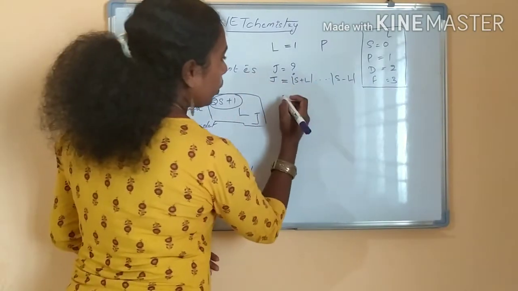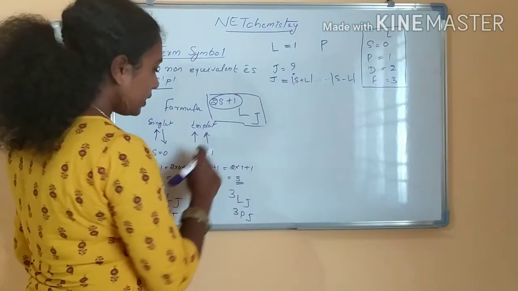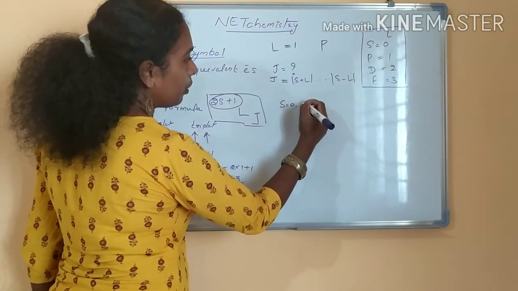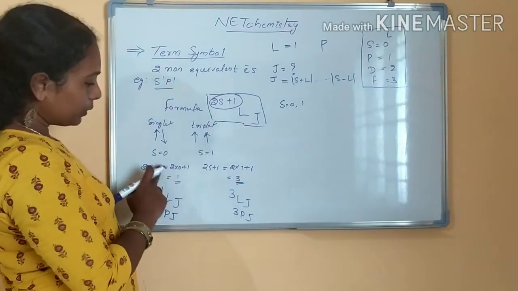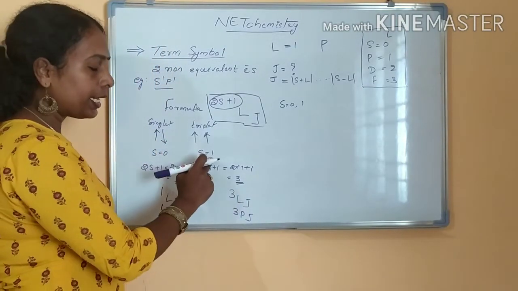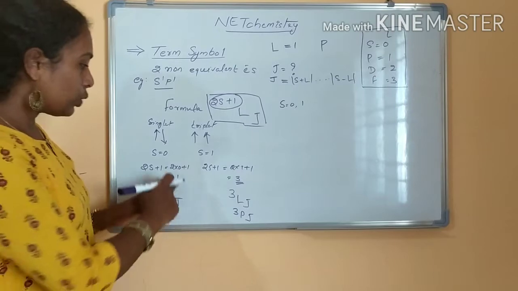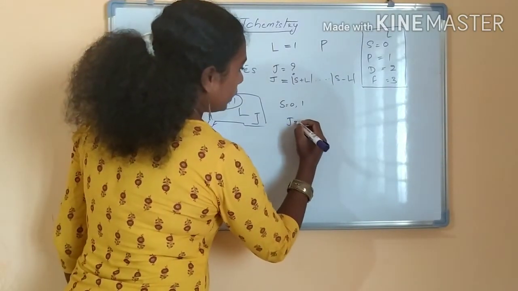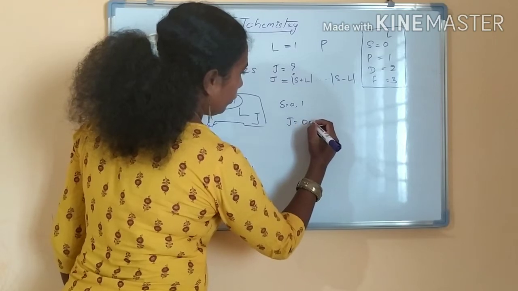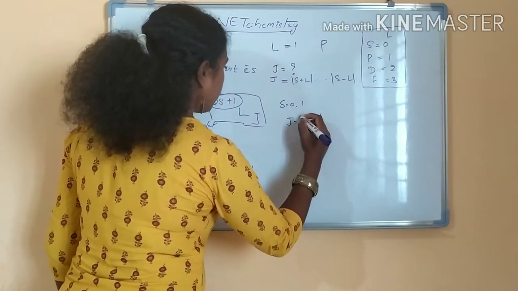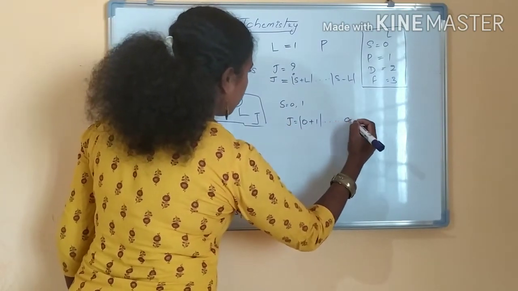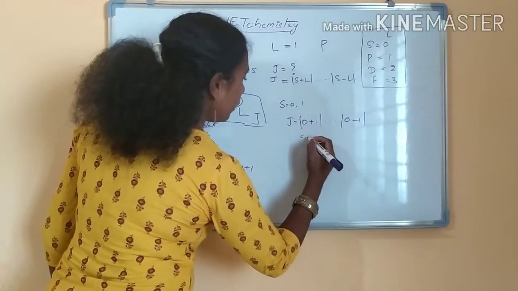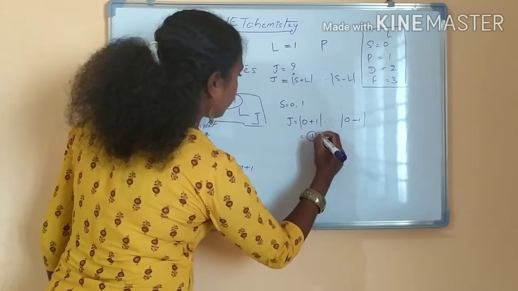Okay, so what all are the spins you have? S we got two values, 0 and 1, right? S equal to 0 and S equal to 1. Two values are there. S equal to 0 condition is there. S equal to 1 condition is there. So we will calculate for both. J is equal to 0 plus 1 to 0 minus 1, right? Then you will get 1.